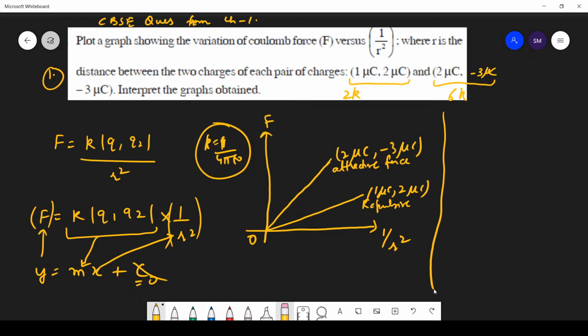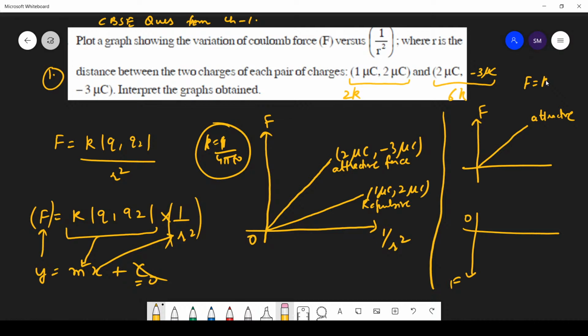Now students, if you say, sir, I want to draw different diagrams for both the pairs, then for attractive force you have this for this pair, and for repulsive, the force will be negative. Here you are actually using the formula F is equal to K Q1 Q2 by r square, so you are considering the sign also.